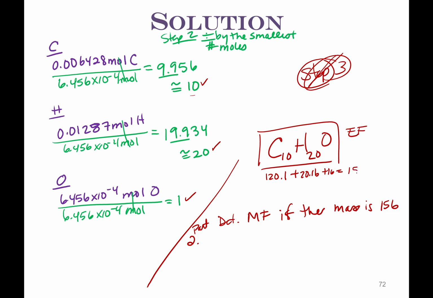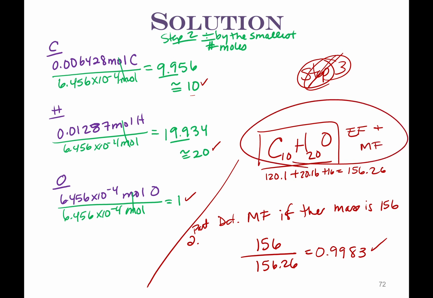So 156.26 is our empirical formula mass, and the mass that was given is 156. So 156 divided by 156.26, I'm going to guess is about 1, or 0.9983. So 1, meaning it's the same. So this is the empirical formula and the molecular formula. It's both. So that is the answer to part A and part B.